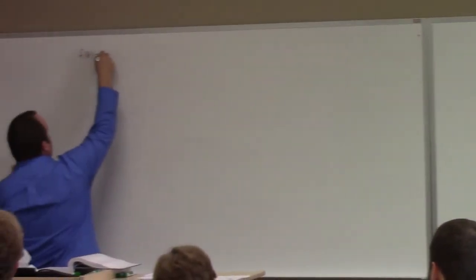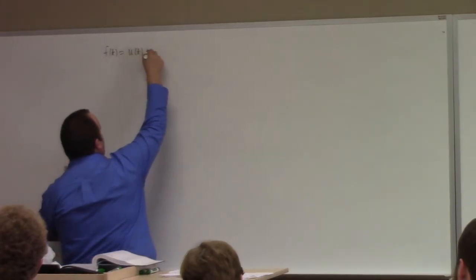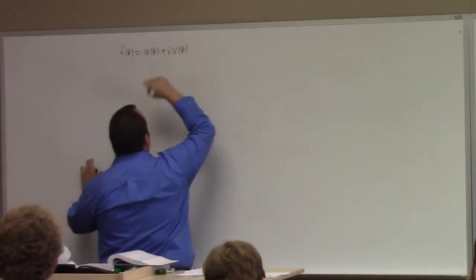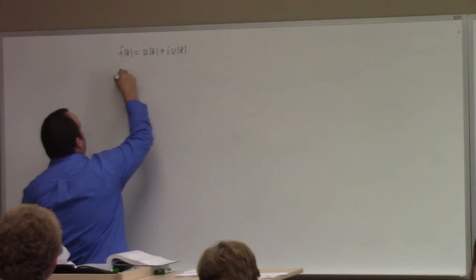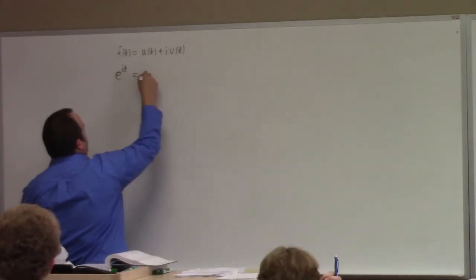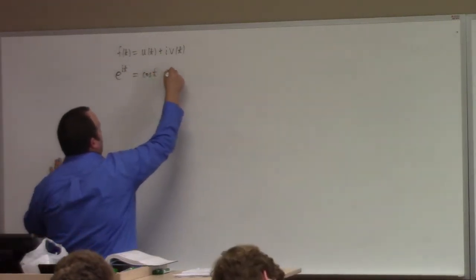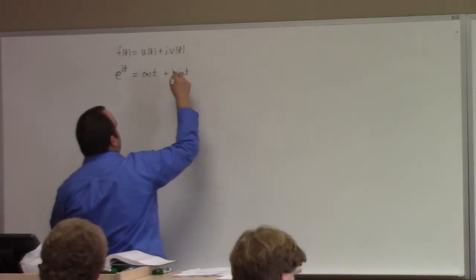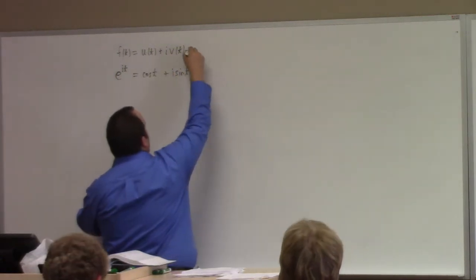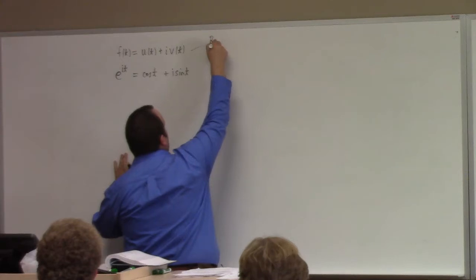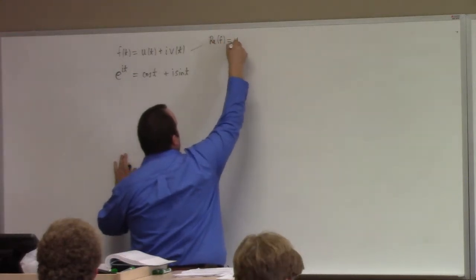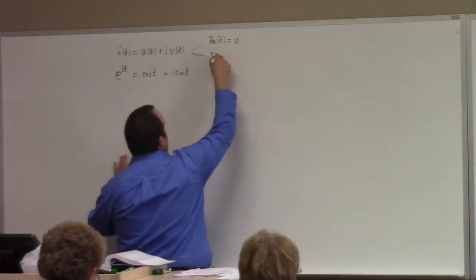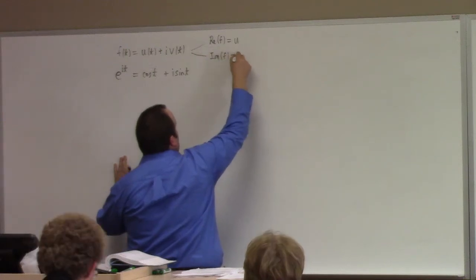If we have f of t, which is u as a function of t plus i times v as a function of t, for example e to the it is cosine t plus i times sine t, then in this case we say that the real part of f is u, and the imaginary part of f is v.